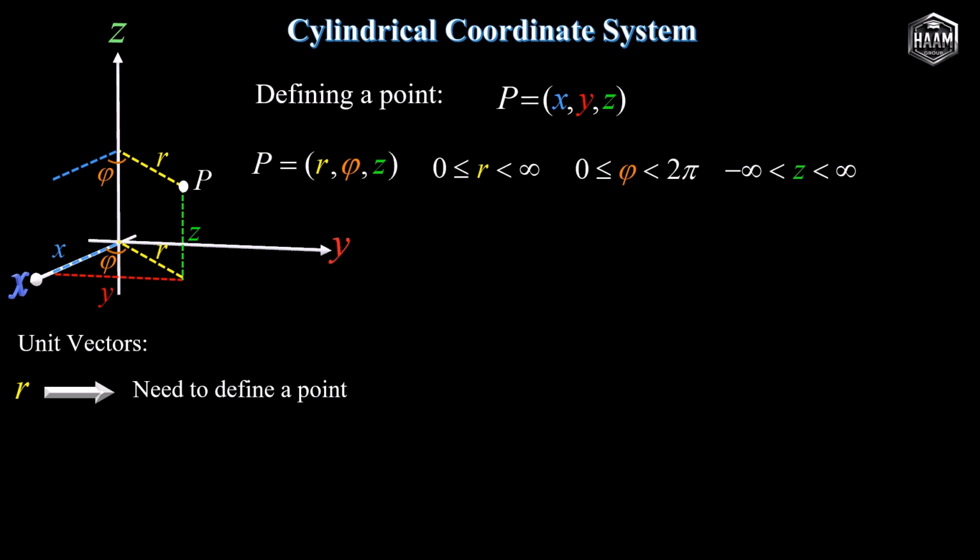Consequently, a hat sub r requires defining a point in the coordinate system. Similarly, the variable phi depends on a defined point because r must first be formed to specify its angle with the x-axis. Therefore, a hat sub r and a hat sub phi are defined locally at a specific point.